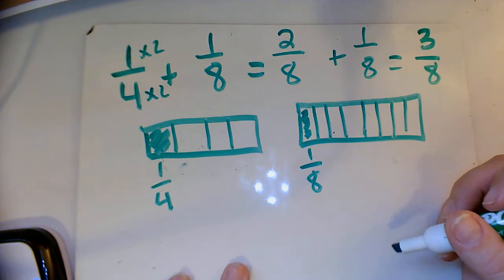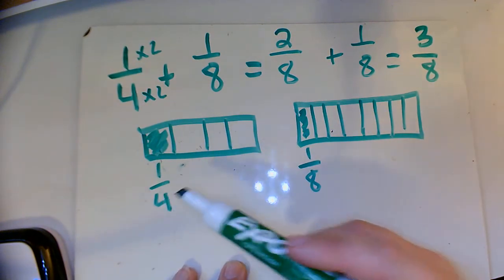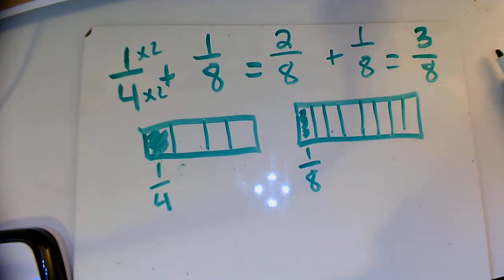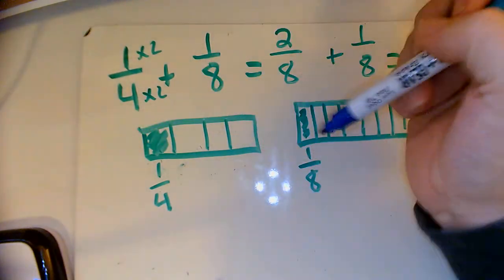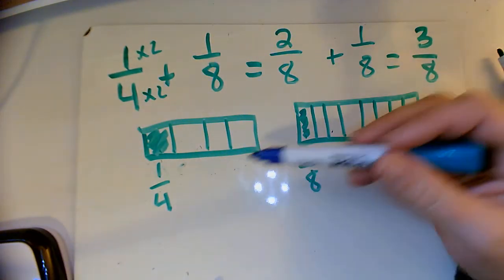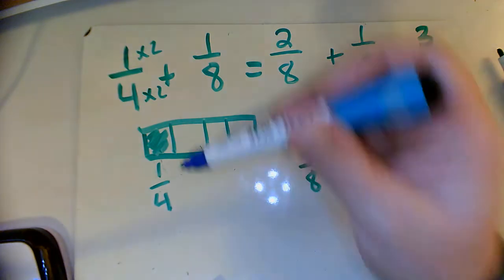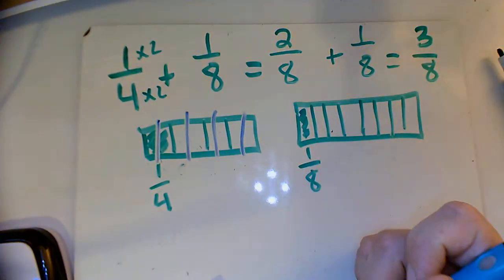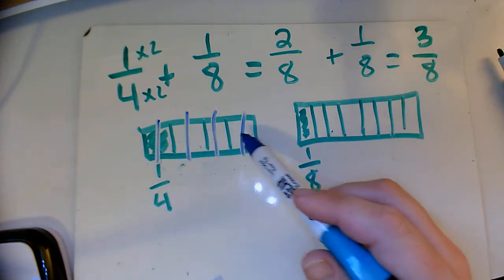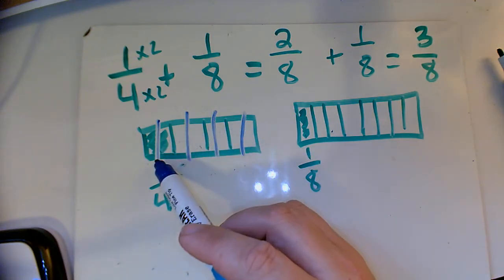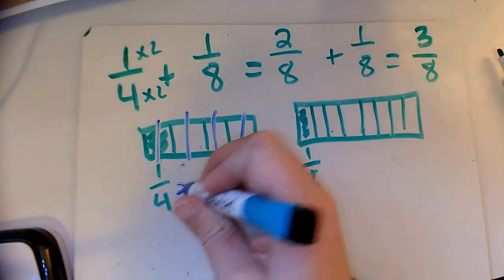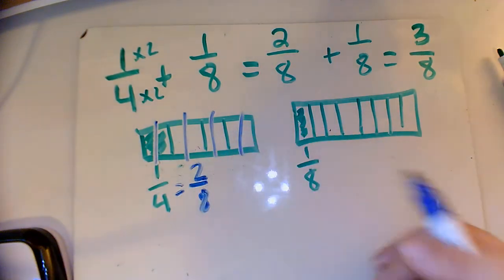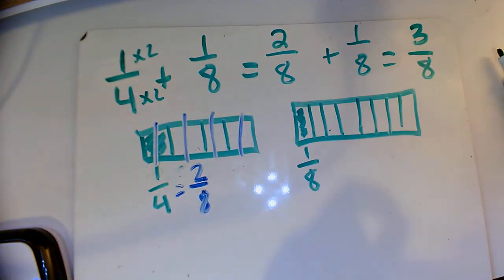Okay, and then if I were to decompose this 1/4 into eighths, then we can see that relationship between our fourths and our eighths. So I already have fourths. So if I decompose each of those one time, that's going to give me 2, 4, 6, 8, and I have 2 of those shaded. So 1/4 is equivalent to 2 eighths.